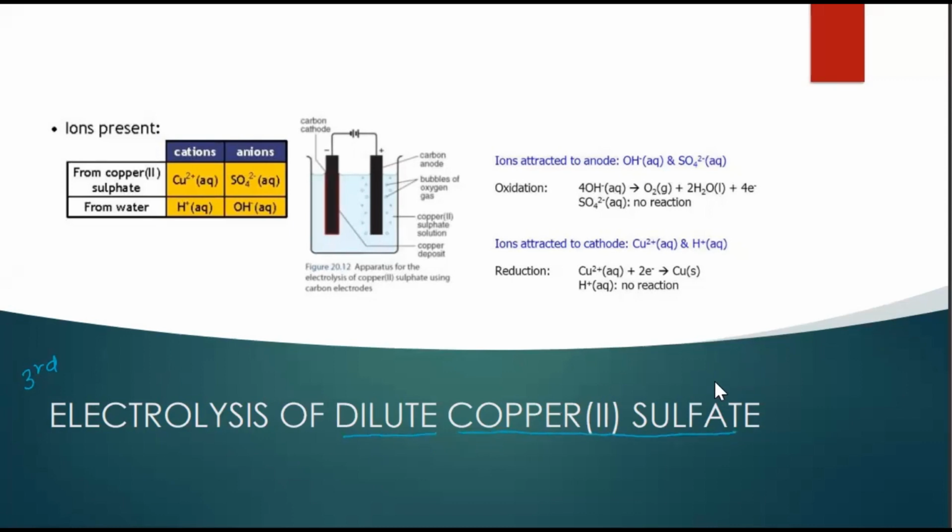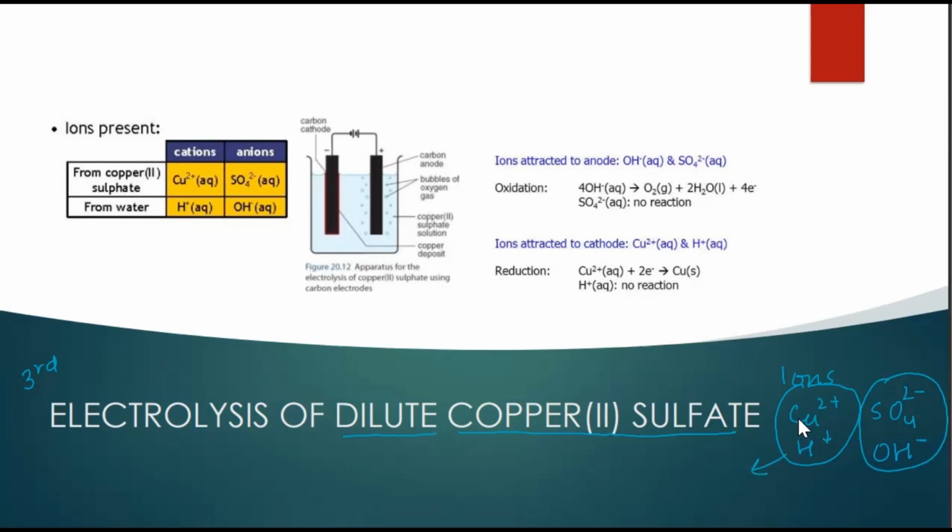Now, when you talk about the dilute copper sulfate solution, then the ions present in this solution will be your copper ions and your sulfate ions coming from the electrolyte. Apart from that, you'll be getting H positive and OH negative coming from the water. So these two are your rival cations, and these two are the rival anions.